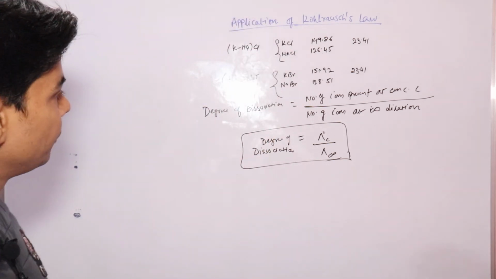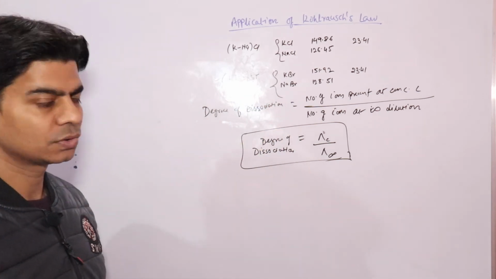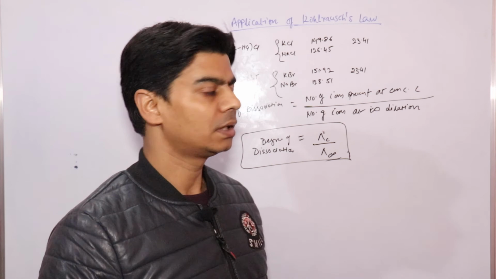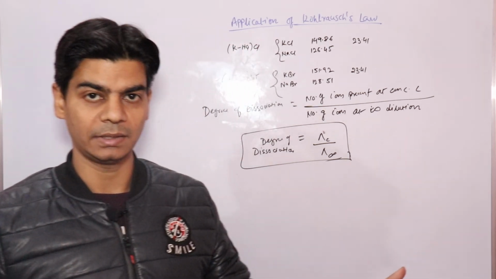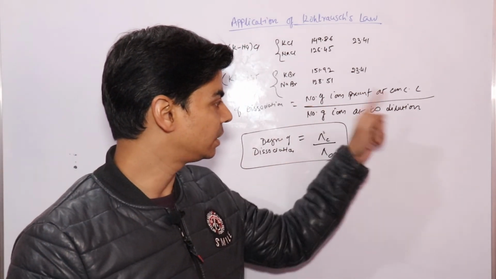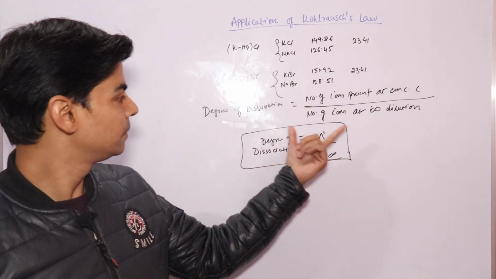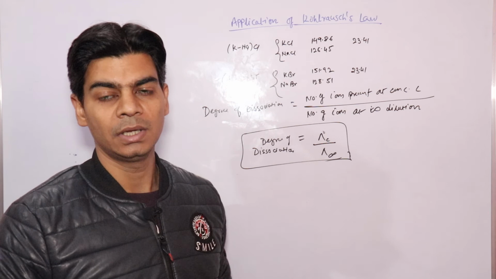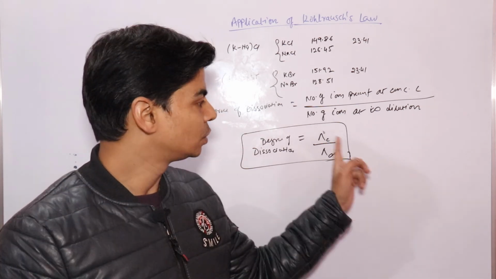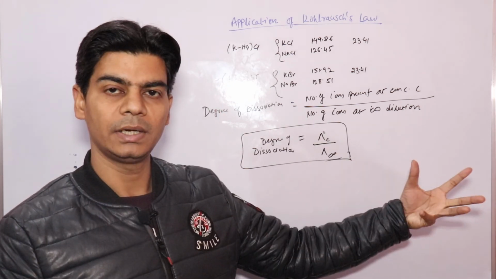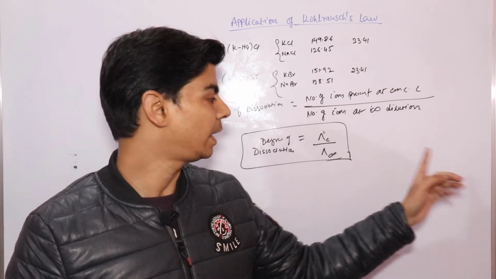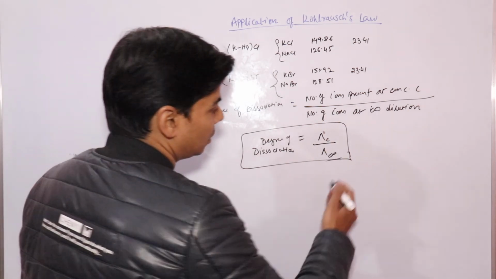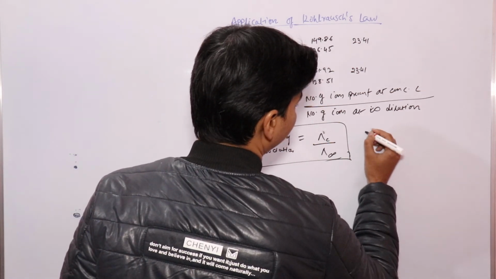I'll repeat this. The formula of degree of dissociation is the number of ions dissociated divided by the number of ions at infinite dilution. Why do I use the number of ions at infinite dilution? Because in the denominator we have the total number of ions, and the electrolyte would be completely dissociated at infinite dilution, right? I'll just write it over here.